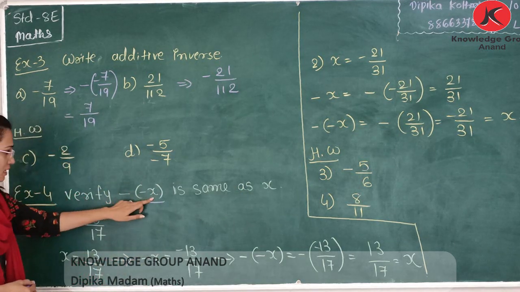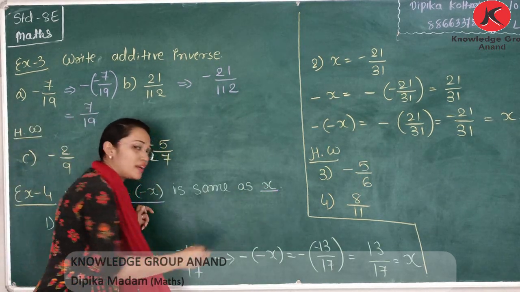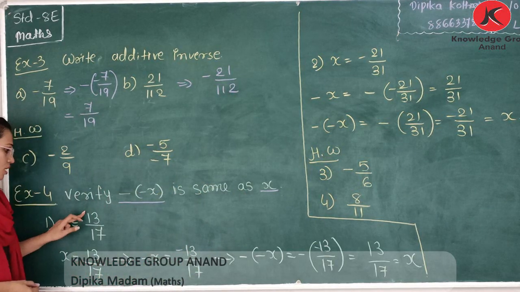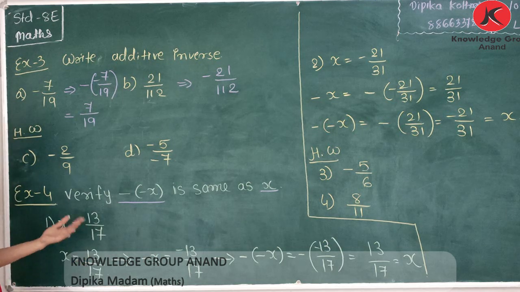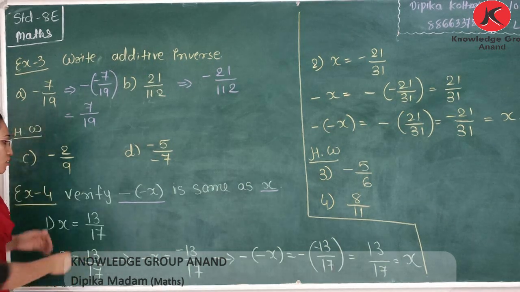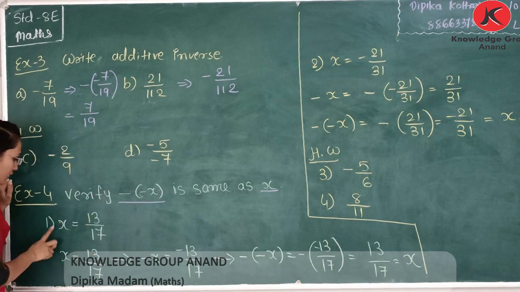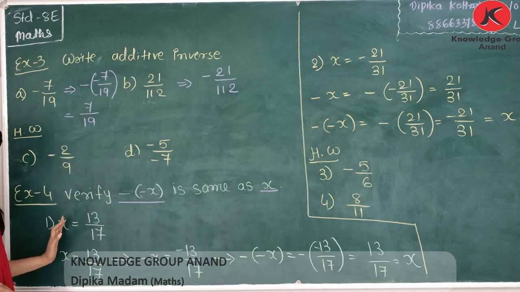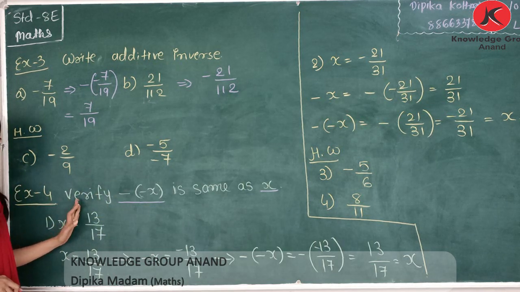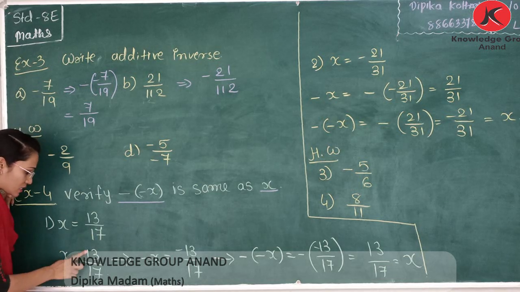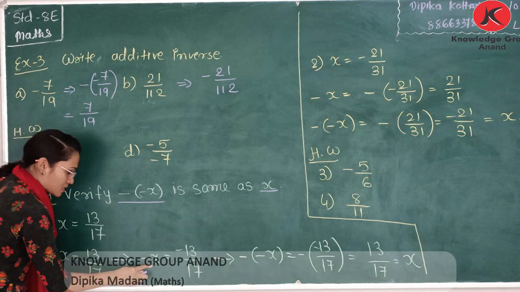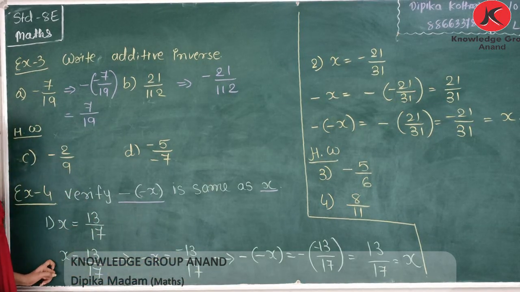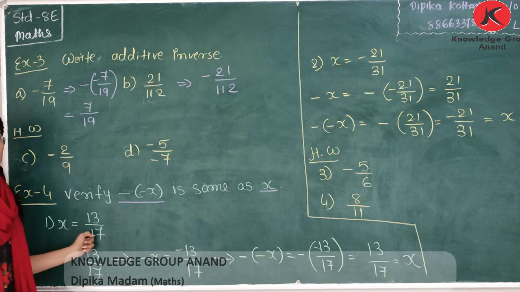Minus into bracket -x is the same as x, you have to check that both values are the same. For the first value, the rational number is 13 by 17. X is 13 by 17, so minus x will be minus 13 by 17. If we put a minus sign in front of x, we also have to put a minus sign in front of the rational number.